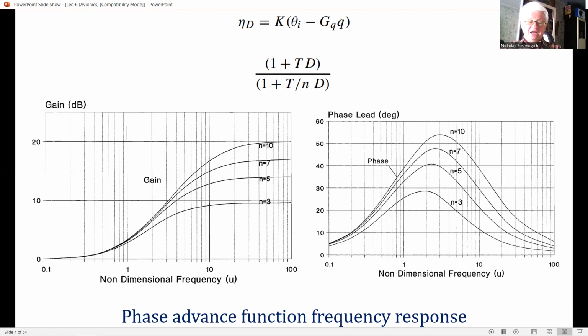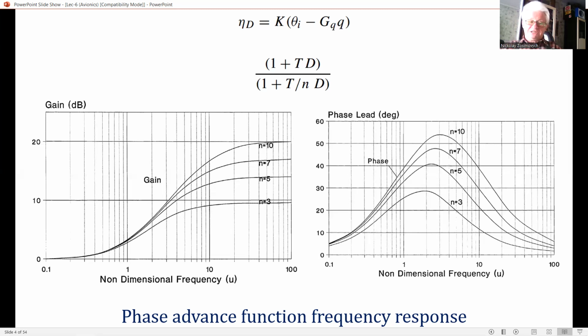This slide illustrates the gain and phase versus frequency characteristics of a simple filter, one plus derivative error control, usually known as phase advance control, with a transfer function, as you may see on the second row at the top of this slide.